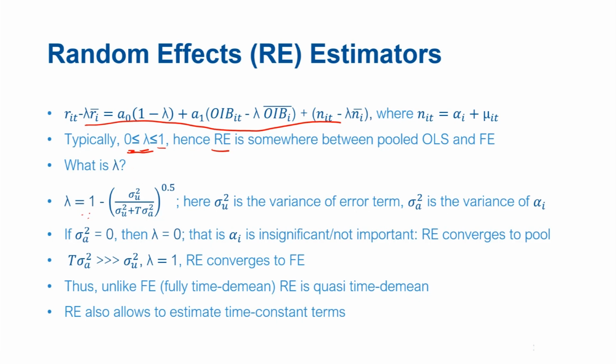So the formula for lambda is 1 minus the whole of sigma mu square upon sigma mu square plus T times sigma alpha square, to the power 0.5, where T is the number of time periods, sigma mu square is the variance of the error term and sigma alpha square is the variance of alpha i.